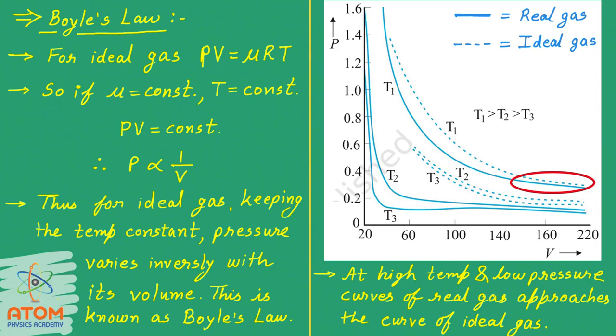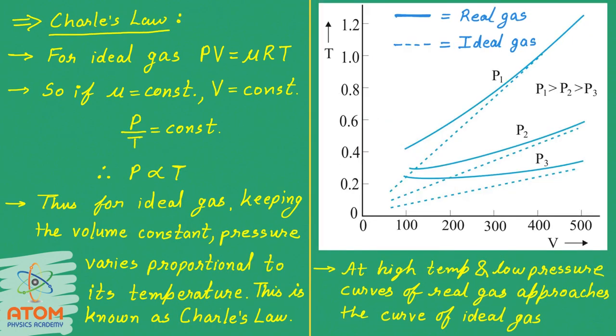So conclusively, we can say that at high temperature and low pressure, curves of real gas approach the curves of ideal gas. Or we can also say that at high temperature and low pressure, the real gas is also following Boyle's law.